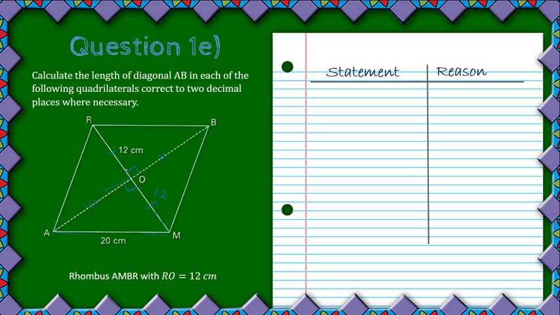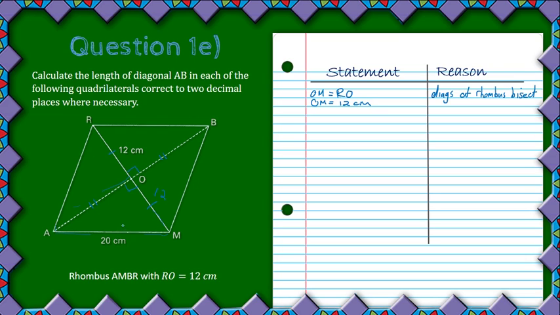So the first thing we said was that OM will be equal to RO, and my reason for that is diagonals of rhombus bisect. That means that OM will be equal to 12 centimeters.